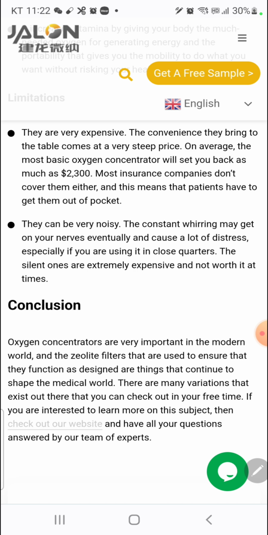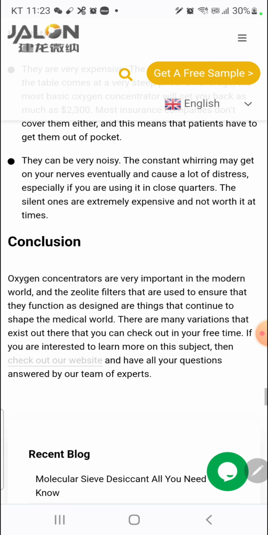They can be very noisy. The constant whirring may get on your nerves eventually and cause a lot of distress, especially if you are using it in close quarters. The silent ones are extremely expensive and not worth it at times.